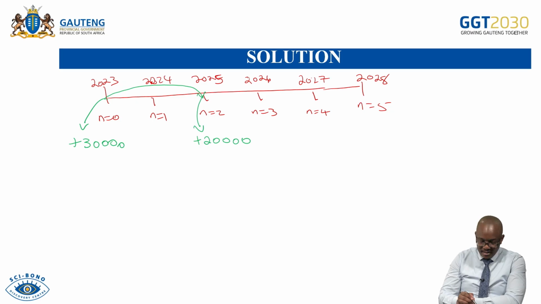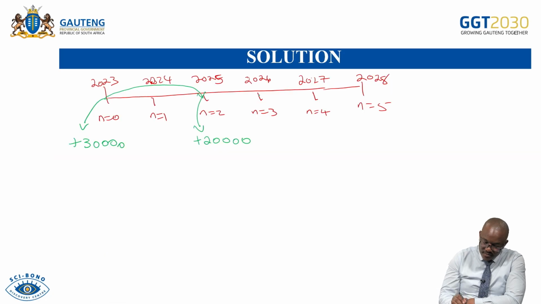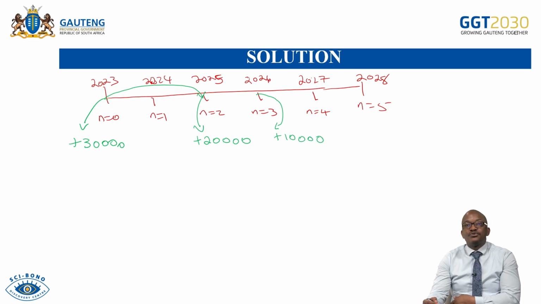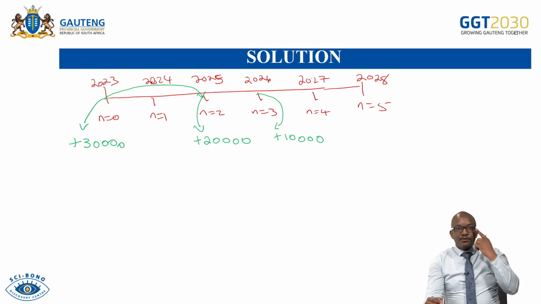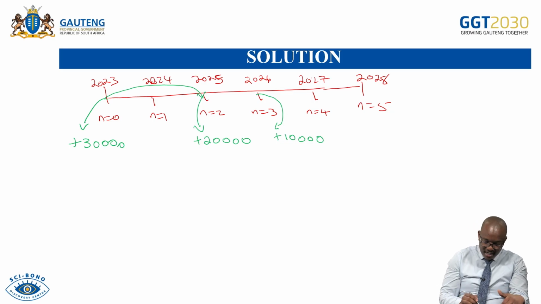You see what I'm doing? Then you go to the third bullet, and they say the third amount of 10,000 is to be invested in 2026. So also in 2026 an amount of money was added into that account. Correct. Those are the amounts that are invested, or deposited, in that account.